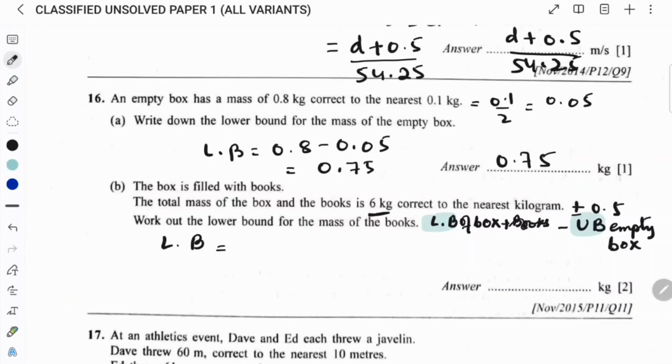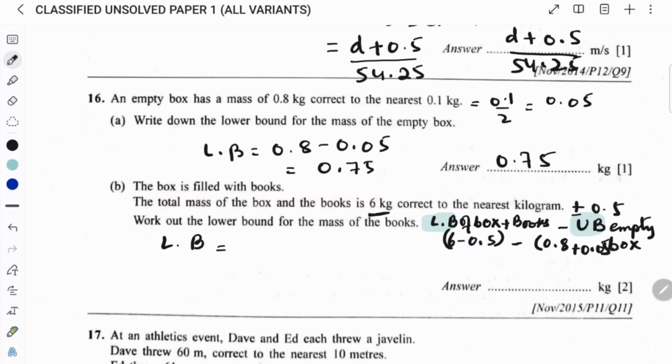Minus, and you will subtract 0.8 plus 0.05. Just do it.